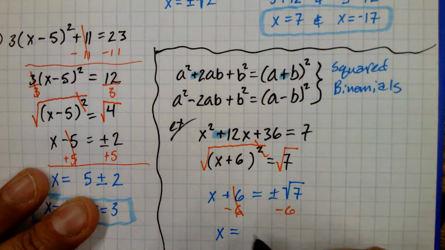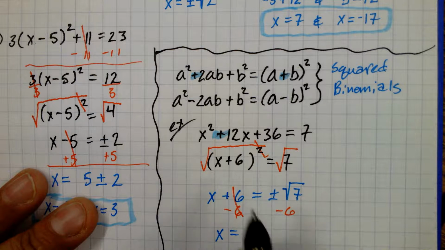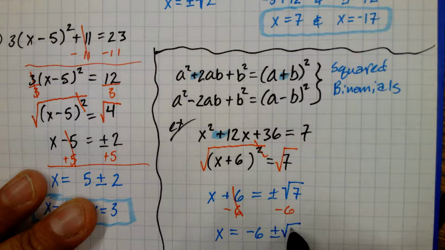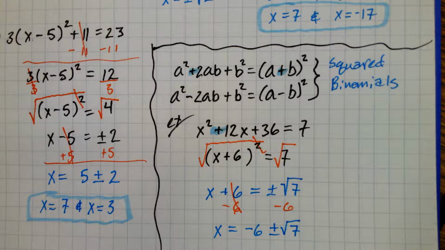X equals, well, I got a minus 6, so what goes first? Negative 6 plus or minus square root of 7. So there's my two answers. Negative 6 plus square root of 7, negative 6 minus square root of 7.